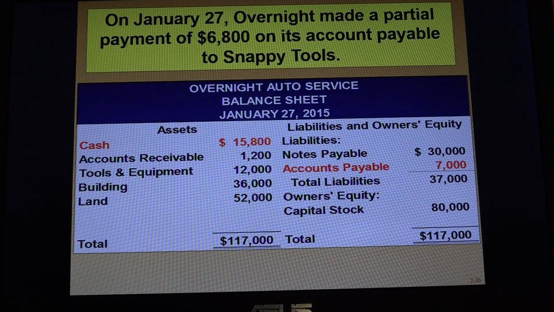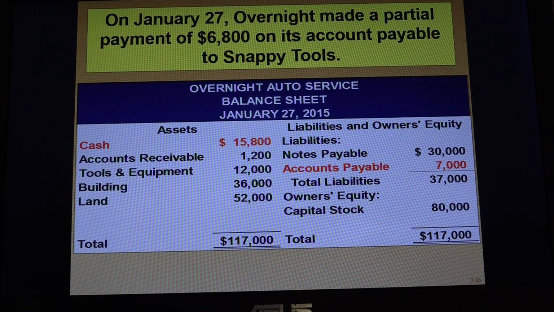On January 27, Overnight made a partial payment of $6,800 on its account payable to Snappy Tools. So they had a $13,800 debt to Snappy Tools.